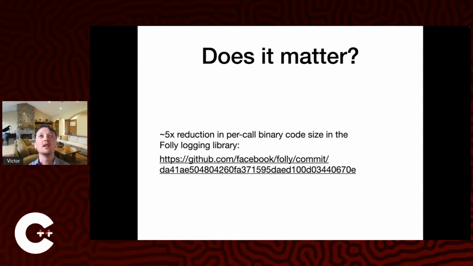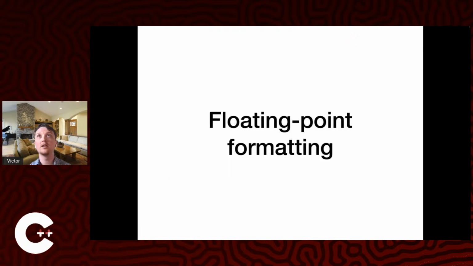And this was just one part of the improvement. We actually achieved much better results in follow-up commits. And here's the final part of my presentation today about floating point formatting.